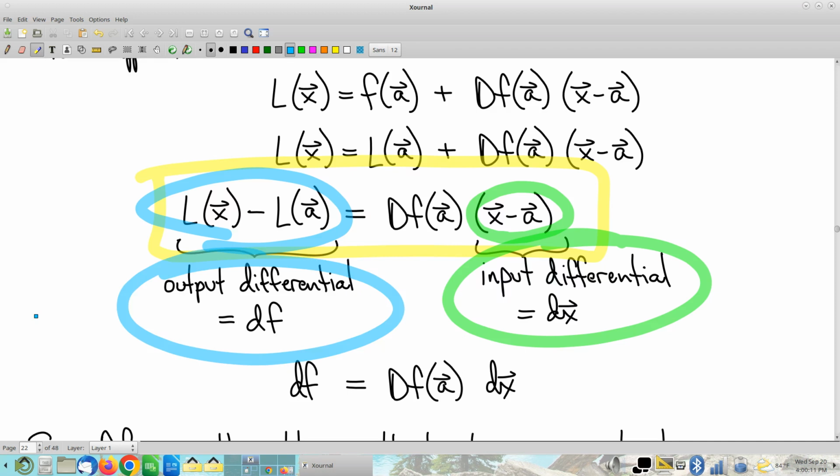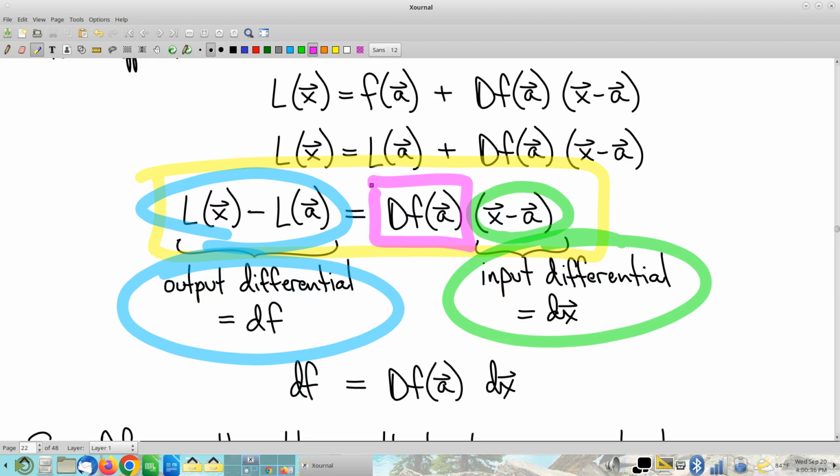Right? So this equation tells us something pretty impressive about the DF matrix. The DF matrix is what you multiply by input differentials to get output differentials. Said differently, the DF matrix is what you multiply by input changes to get output changes.